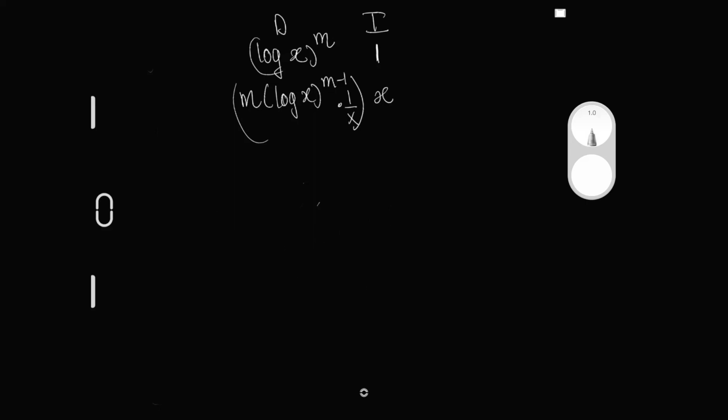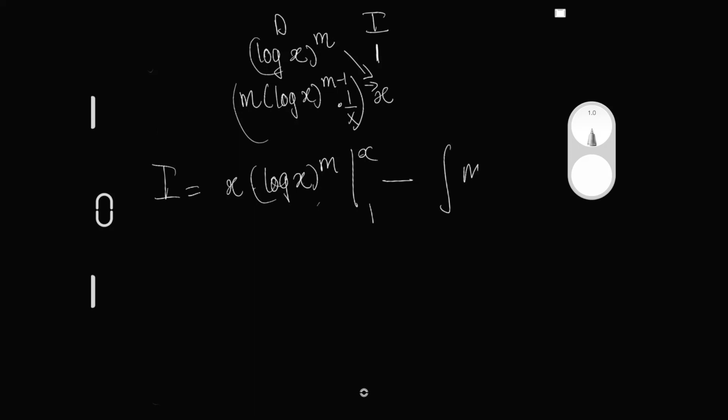Now what I'm going to do is cross multiply. So I is equal to x into (log x) raised to m, minus the integral of x by 1 into 1 by x, where x into 1 by x cancel out, m into (log x) raised to m minus 1 dx.